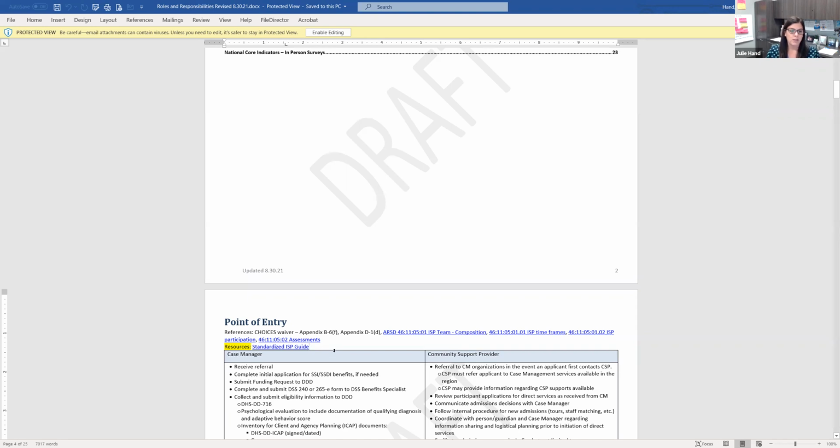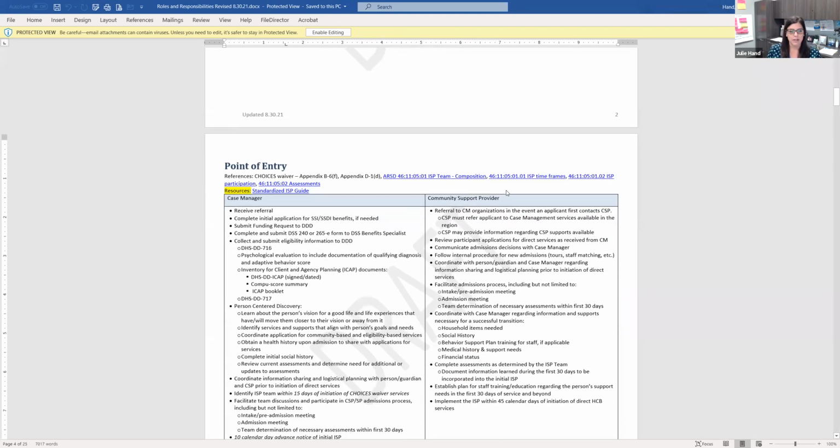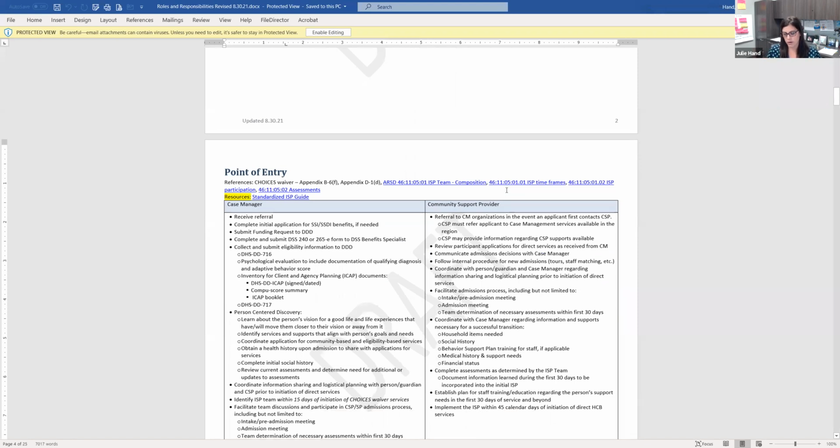The one thing I wanted to ask your opinion on, I struggled with. The standard ISP guide is a really good example. It applies to numerous sections throughout the document, so right now I have it listed with each one. But at the end of the document, I created a separate section where I referenced the TheraP user guide and some of the HCBS settings guidance.